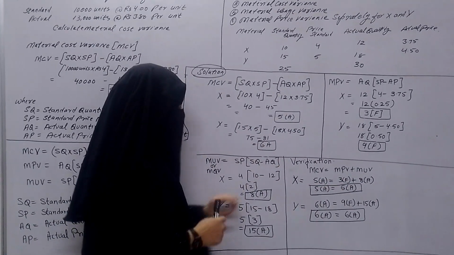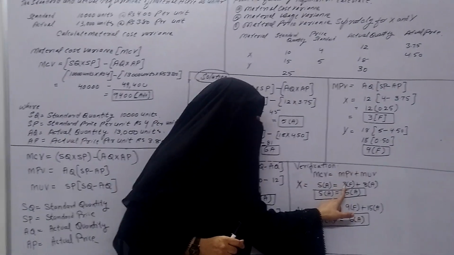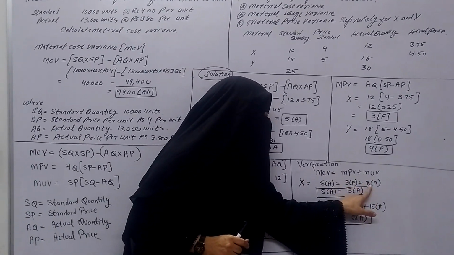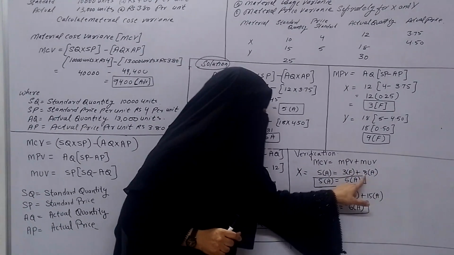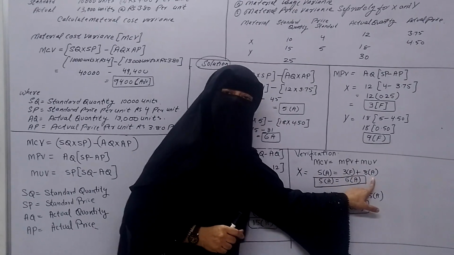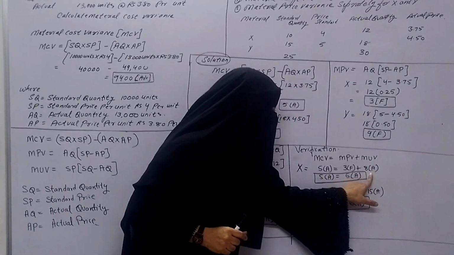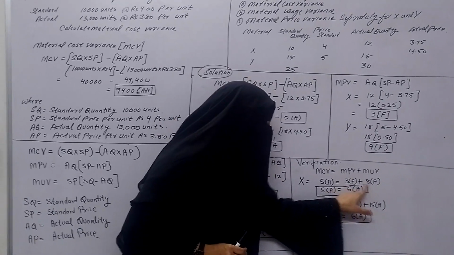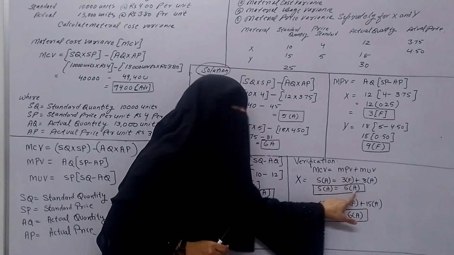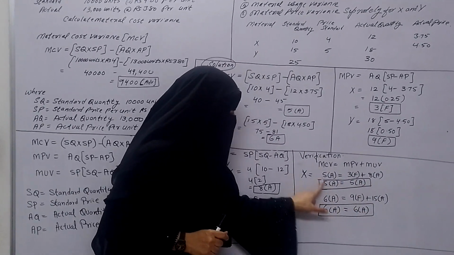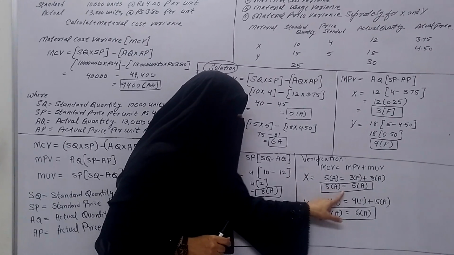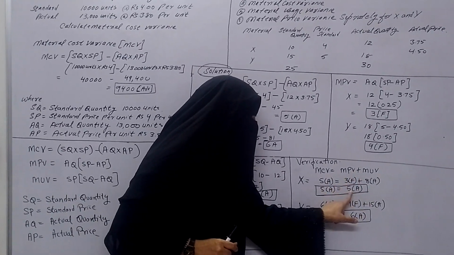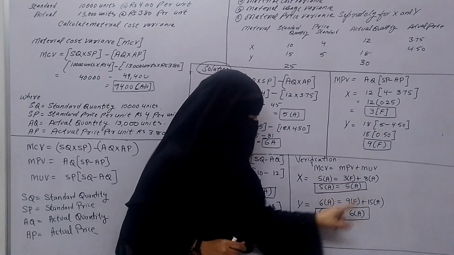Here MPV is 3 favorable and MUV is 8 adverse. So one is favorable, the other is adverse. So from the adverse we have to subtract this favorable because adverse is more. 8 minus 3, we get 5 adverse. This is the verification. MCV is 5 adverse and MPV plus MUV again 5 adverse.